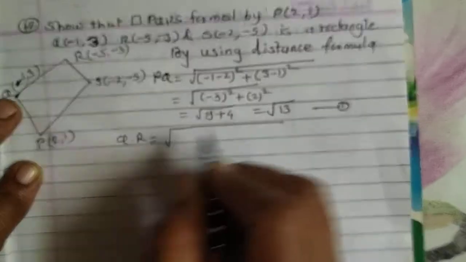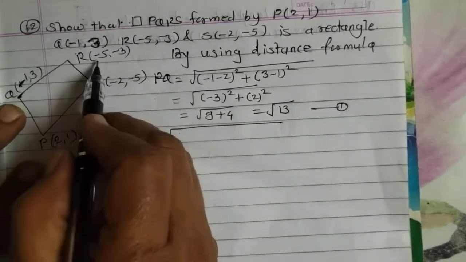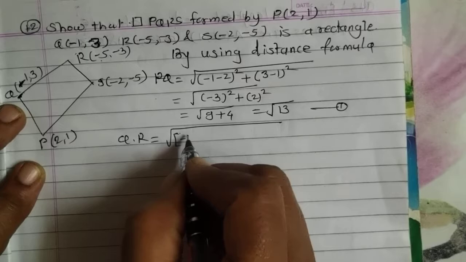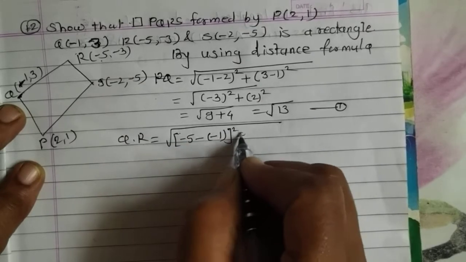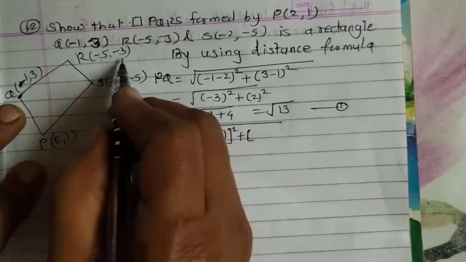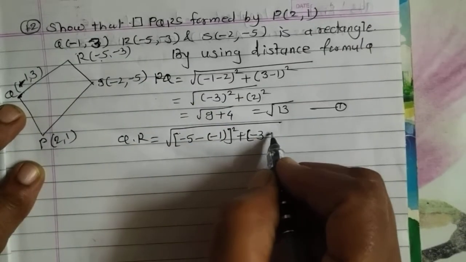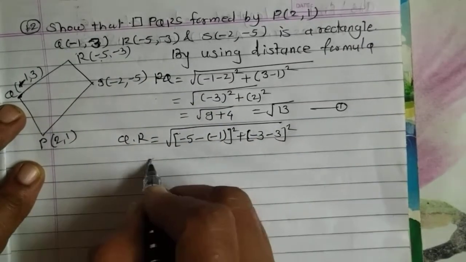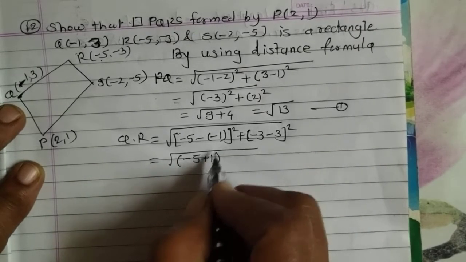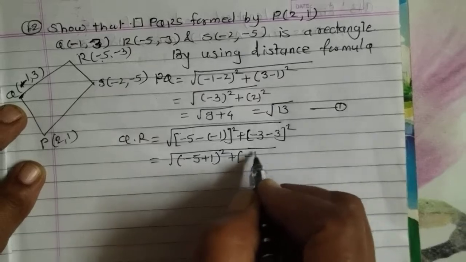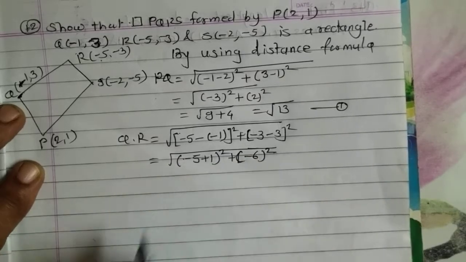QR is equal to, suppose this is the second point and this is the first point, (-5 - 1) bracket square plus, this is y2, (-3)... In bracket (-5 + 1) bracket square plus (-6) bracket square.